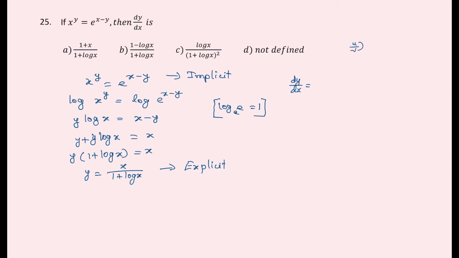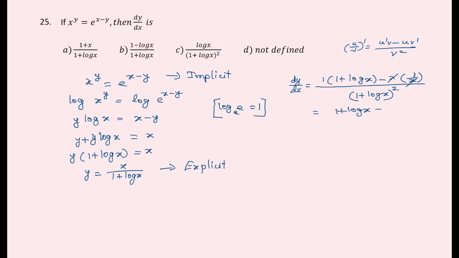u by v the whole dash is u dash v minus u v dash upon v square. u is x, u dash is 1, into v is the denominator, minus u is x, and differential of log x is 1 by x, divided by v square, 1 plus log x the whole square. 1 plus log x minus 1 upon 1 plus log x whole square.